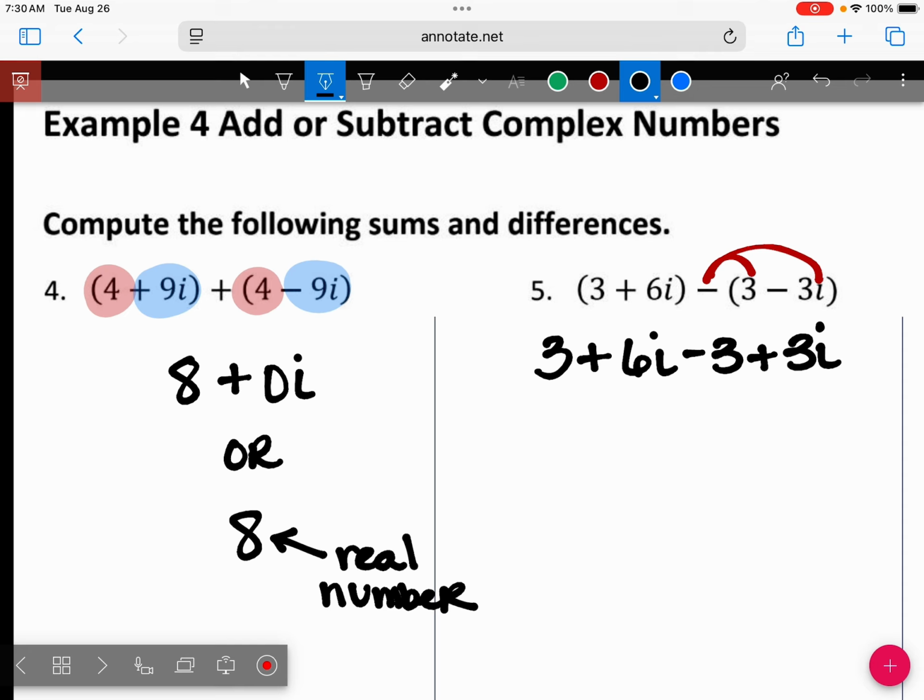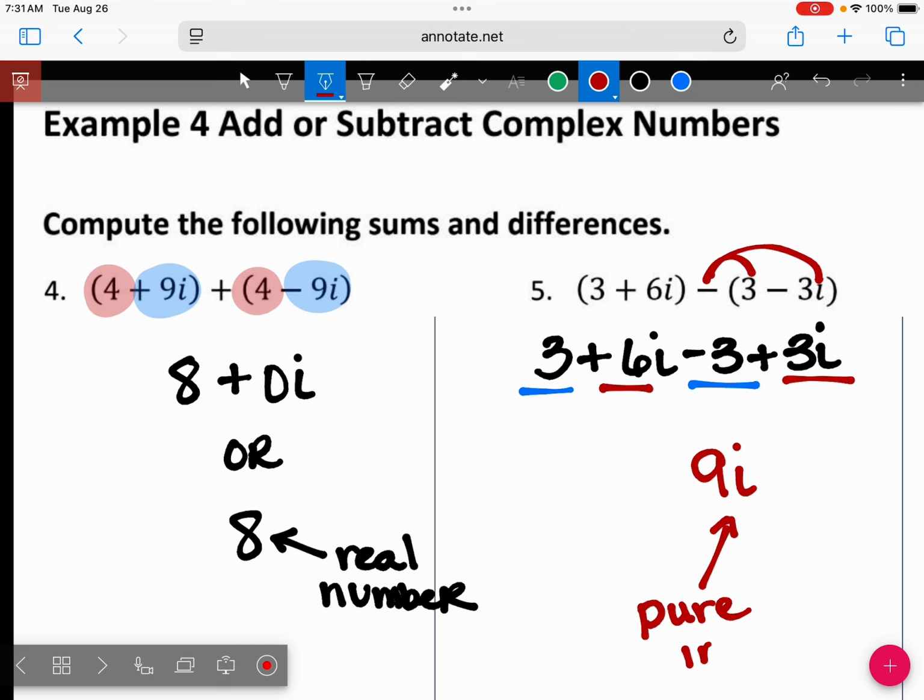All right, somebody want to volunteer what they got for their answer? 9i. Anybody else get 9i? Yep. So these cancel because you get 0. And when you add these, you get 9i. So because our real number canceled out, this is what we call a pure imaginary. It's only complex when you have both.